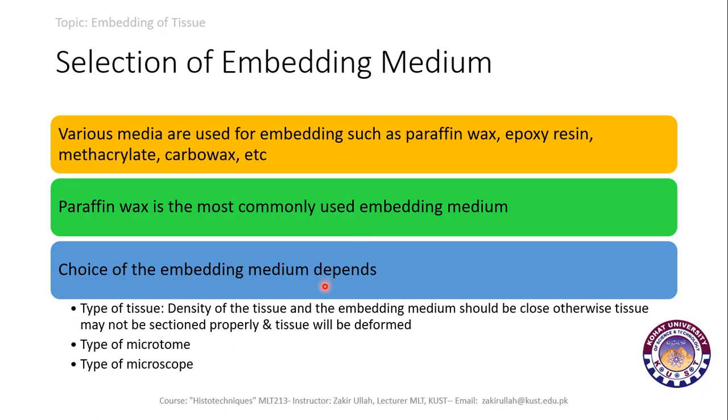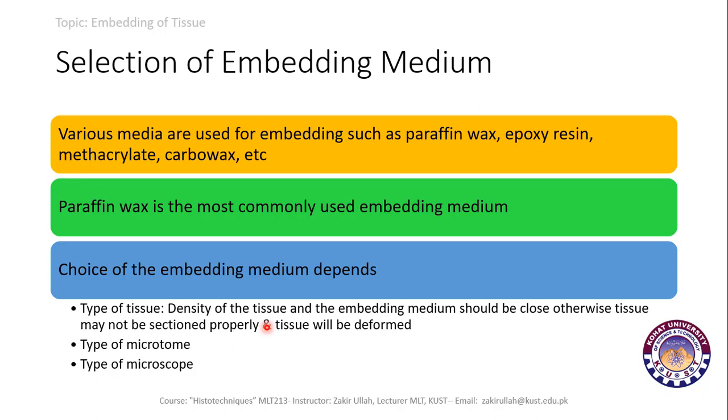The choice of embedding medium depends upon the type of tissue, that is the density of the tissue, and the embedding medium should be close to it, otherwise the tissue may not be sectioned properly and the tissue will be deformed.